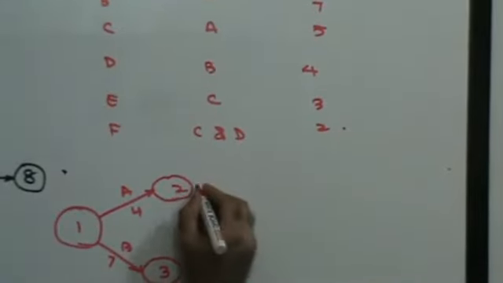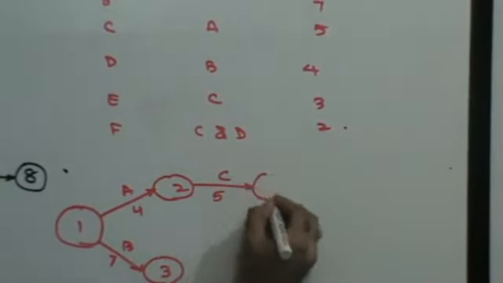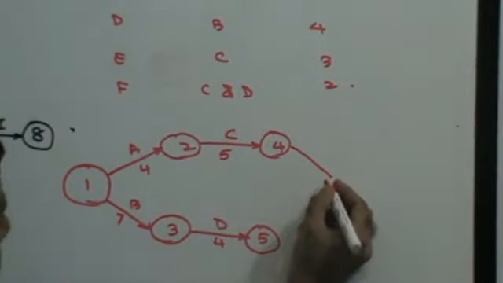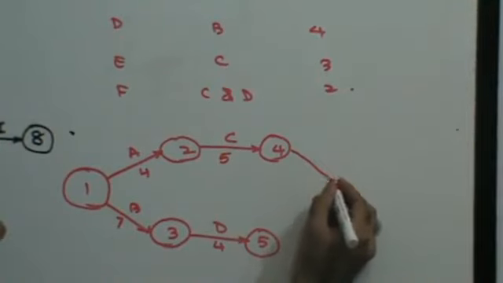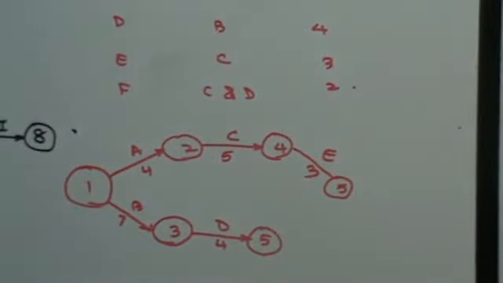Now after A you have got C, which is for 5 days, right? From B you have D, which is for 4 days, right? Then from C you have E, which is for 3 days, right?